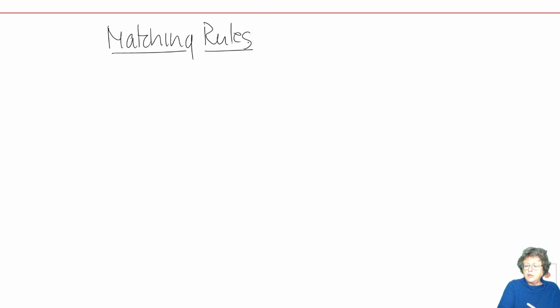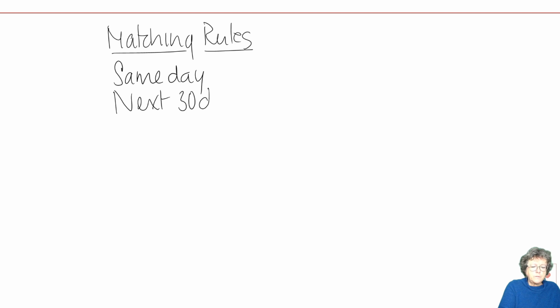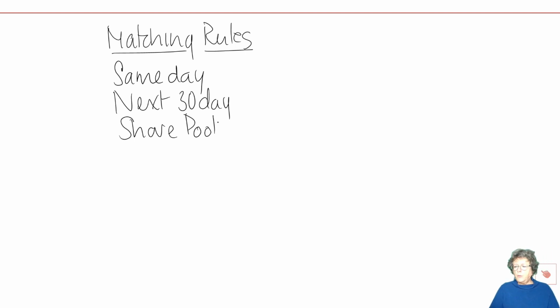So the matching rules are same day, next 30 days, share pool. Those are the rules, and now what we're going to do is match these, and we have 1,000 shares that we have sold. Okay, so let's go back to our question.